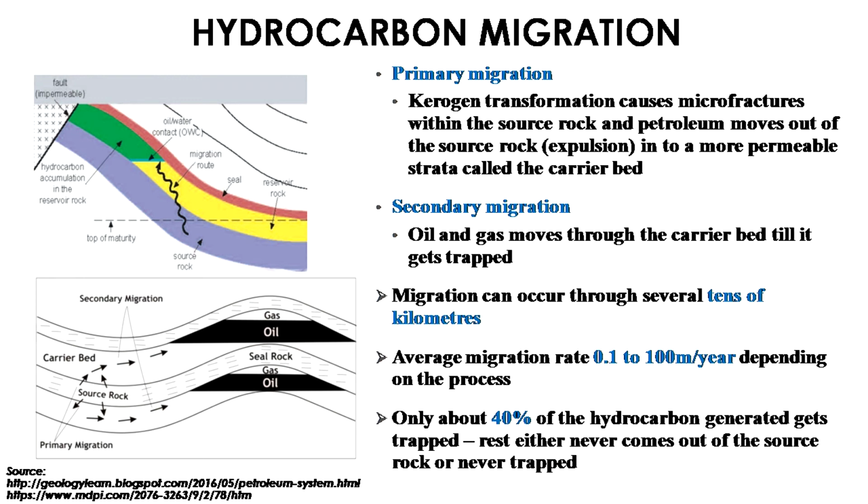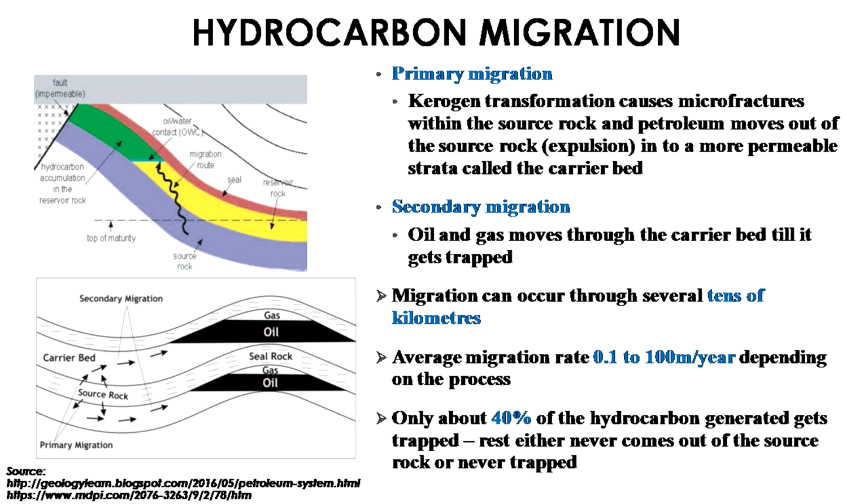Now, please understand that migration is a very slow process and it can extend to large distances. So, migration from the source rock to the reservoir rock can happen over tens of kilometers or even hundreds of kilometers, and the rate at which migration happens varies between 0.1 meter per year to even 100 meters per year.